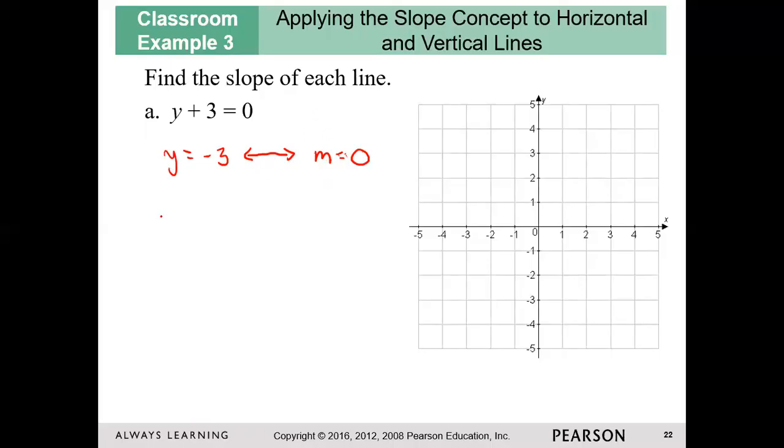Because remember, slope is rise over run. And if we have this horizontal line at -3, how much is this horizontal line rising? It's not, right? So there is a 0 rise and plenty of run. If you pick this point right here, it's got a run of 1. It's going over by 1 unit, and 0 over 1 is 0. So that is why the slope of these horizontal lines will always be 0.